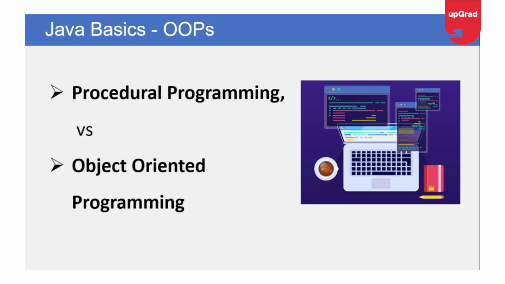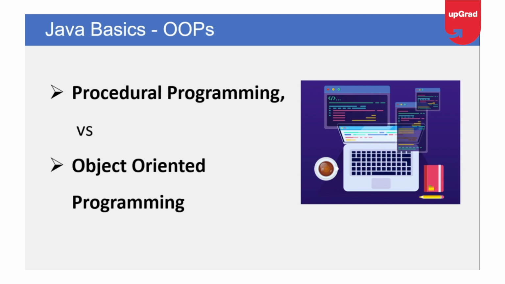After seeing the differences between these two, we'll move on to the features of Java which make it so flexible that it is used across more than 4 billion devices around the globe and on multiple platforms including computers, mobile phones, Blu-ray video players and much more. So let's get started. First of all, what is object-oriented programming and what did we use before it?